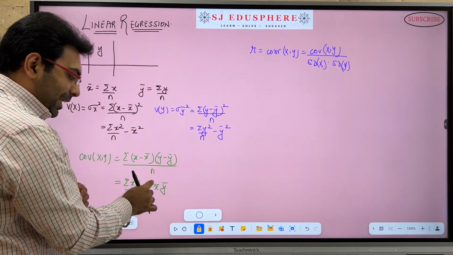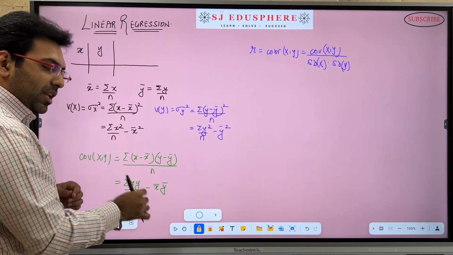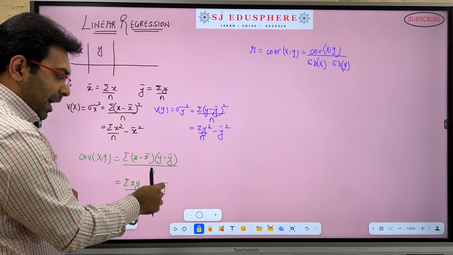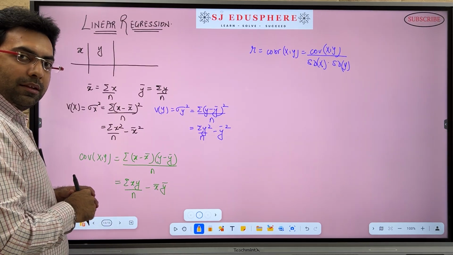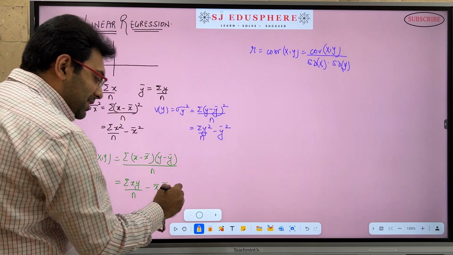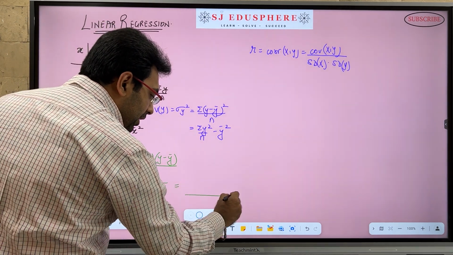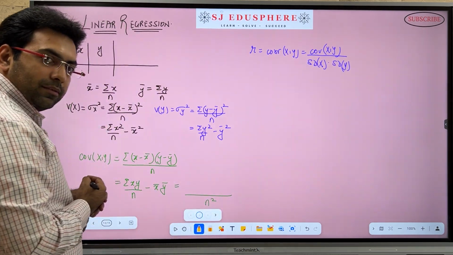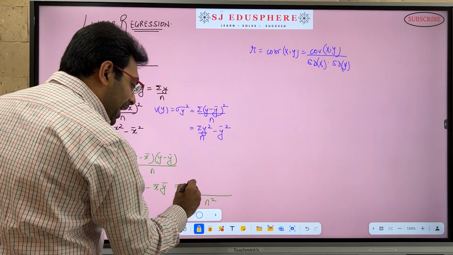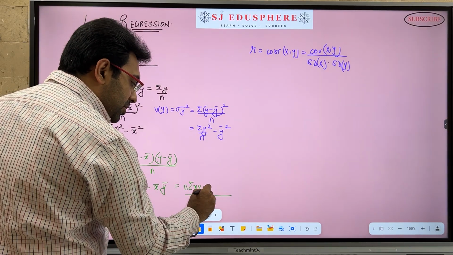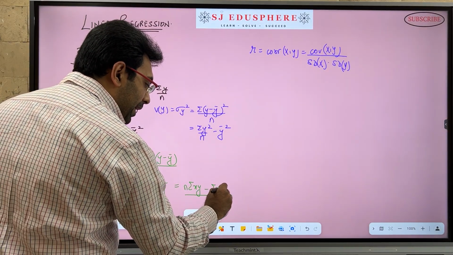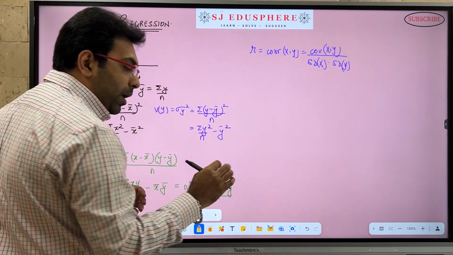Now students, can I write x bar as summation x upon n and y bar as summation y upon n? So if I take the LCM, I will have the denominator as n square, and in the numerator n times summation xy minus summation x summation y.